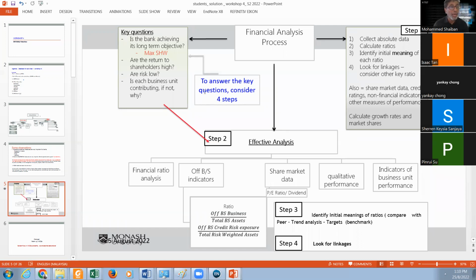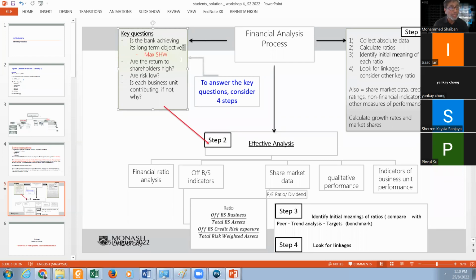So if you are analyzing a few banks, the purpose is to maximize the shareholders' wealth. And to answer whether you are actually maximizing the shareholders' wealth, you have to do some analysis.